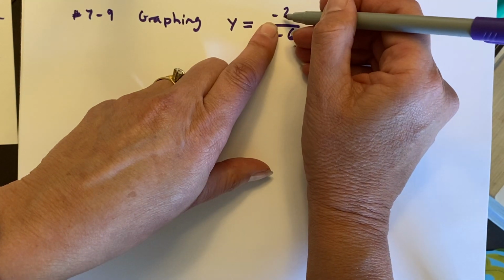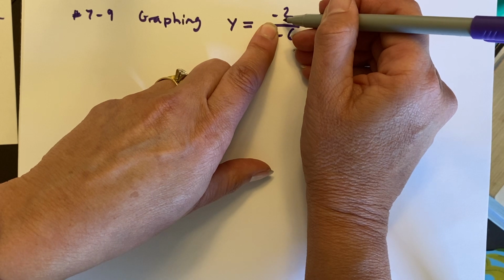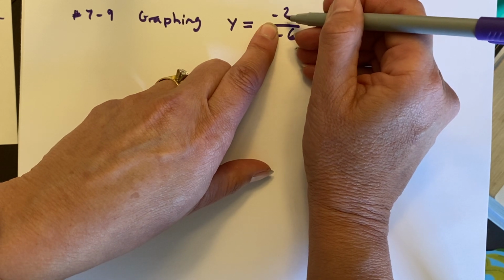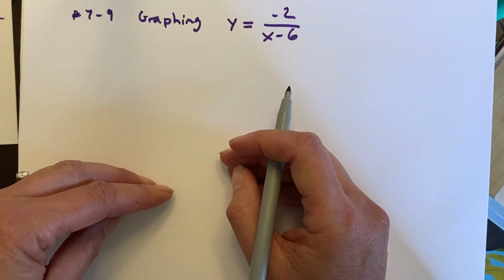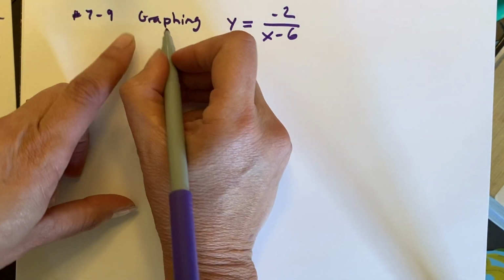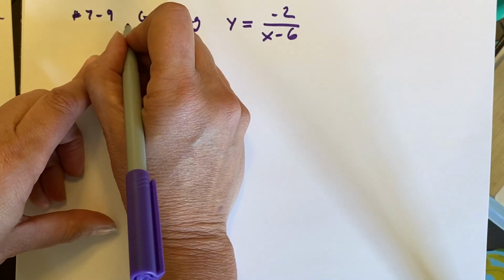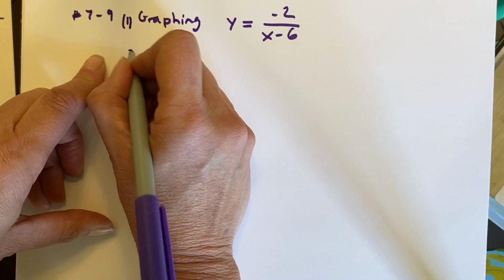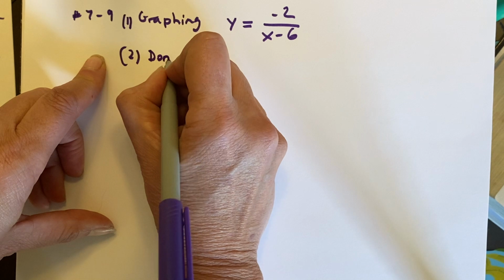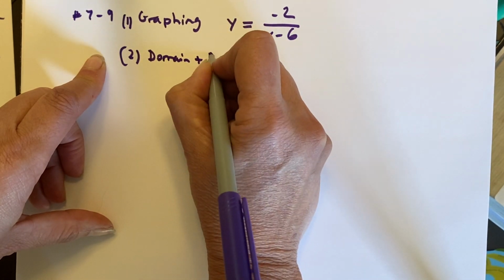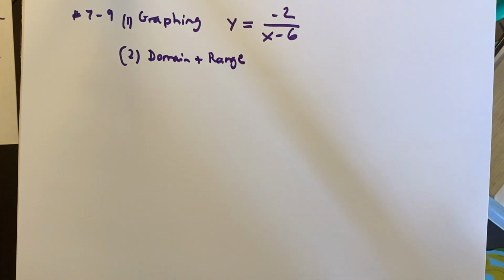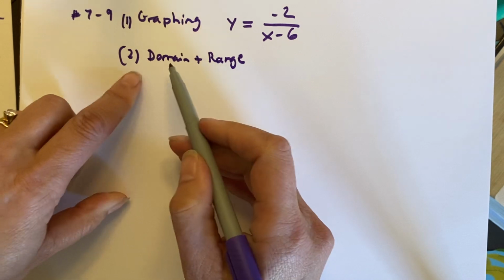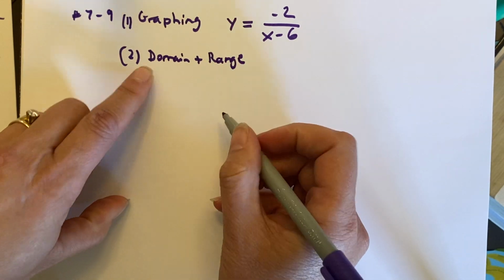I can see the negative number is going to tell me that's going to be a reflection, and the 2 tells me it's going to be a stretch. Again, here you're being asked 2 things. You're graphing, and don't forget the second question, domain and range. Because I grade you with 3 points on this one, so it's a third, a third, a third. Graph, domain, range are each a third, okay?